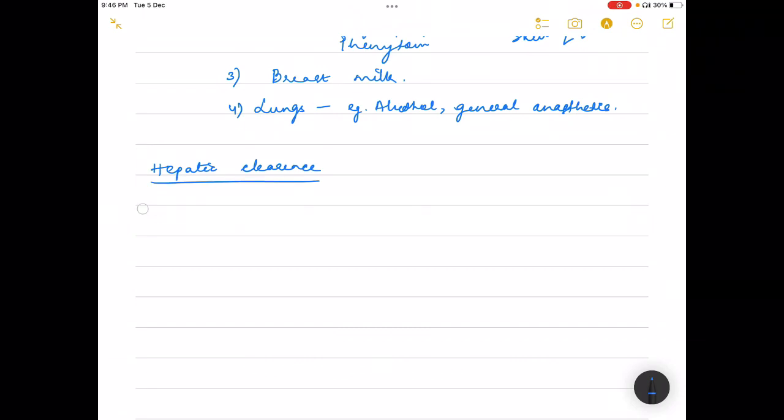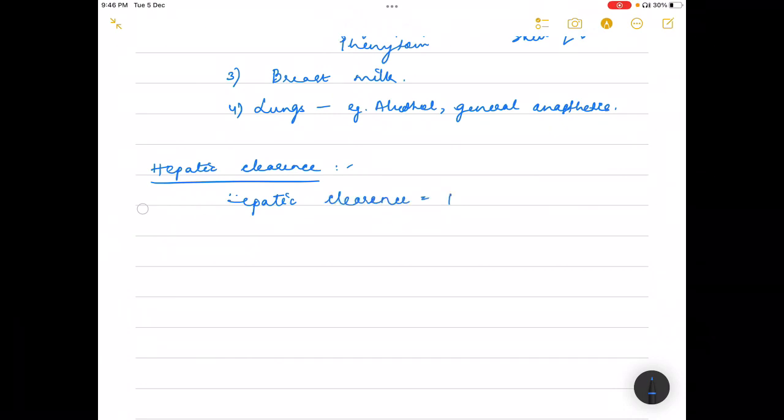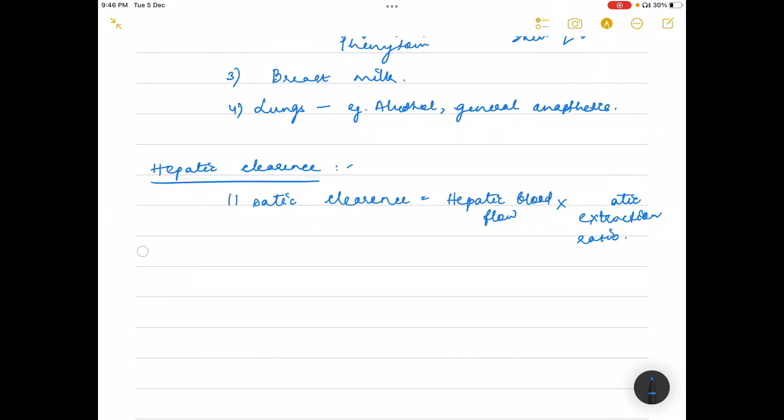Next, coming to an important topic, that is hepatic clearance. What is hepatic clearance? The drug excretion through the liver is called hepatic clearance. And what is the formula for hepatic clearance? Hepatic clearance is equal to hepatic blood flow into hepatic extraction ratio. Let us know this by means of an example.